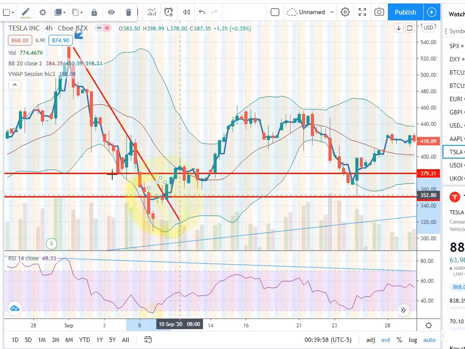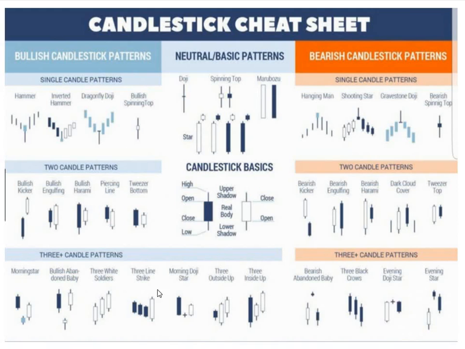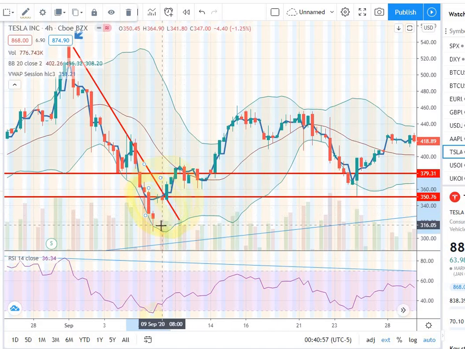So I'm going to go back here, right here. 1, 2, 3. 3 white soldiers. It also has a bullish abandoned baby, like a morning star, similar to that. Okay, first we got your RSI.